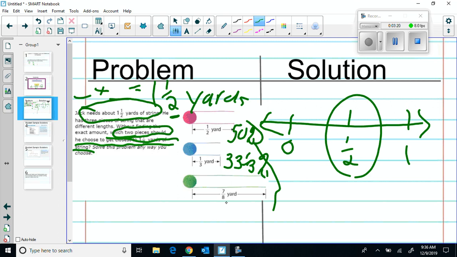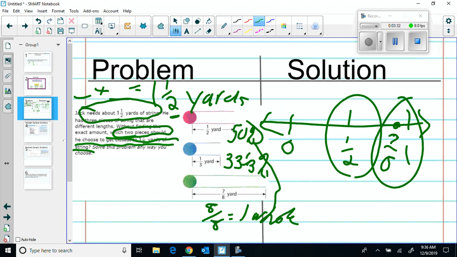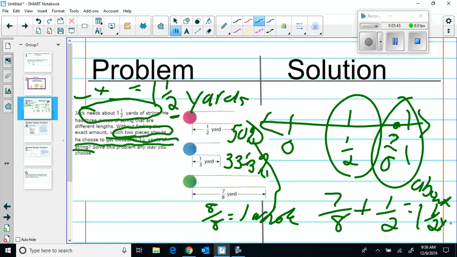And 7/8, well, 8/8 is 1 whole. So 7/8 would be about right here, which would be really close to 1 whole. The 2 fractions I would use would be 7/8 plus 1/2, which would get us about 1.5 yards.